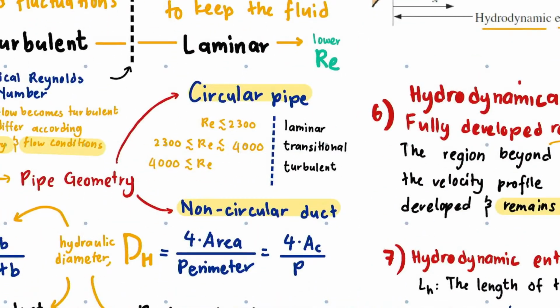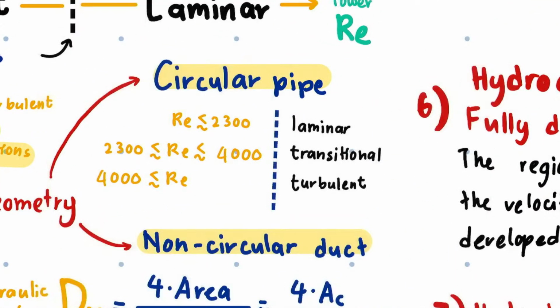That's how it is. But for now, we stick to circular pipe. Reynolds number is less than 2300 for laminar. Turbulent will be more than 4000.